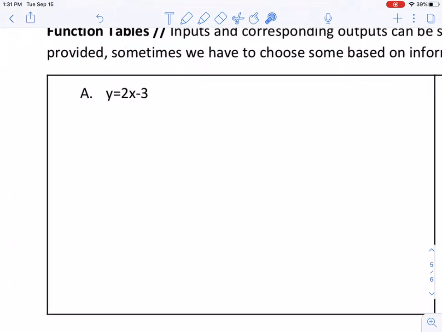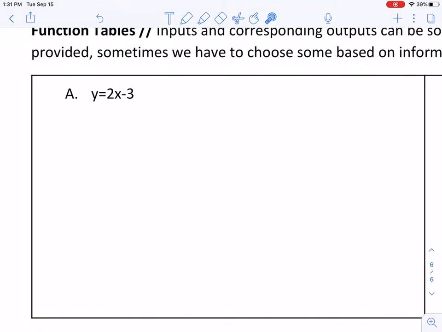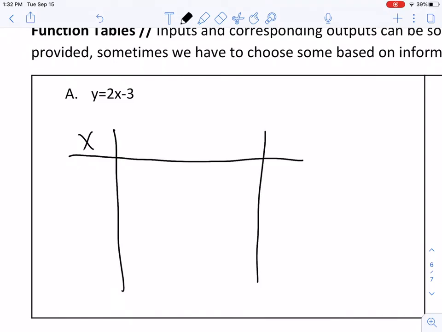So on a table here, essentially what we're saying is if we were to make x a value here, and then we worked all of that out, what would we get for y?